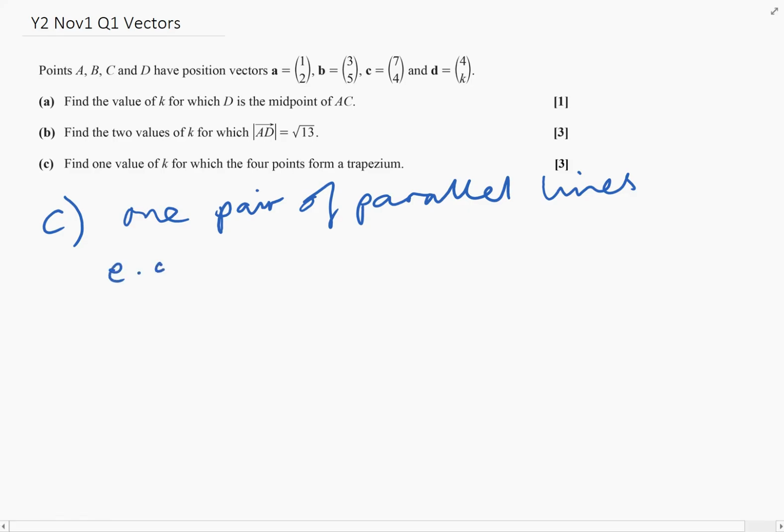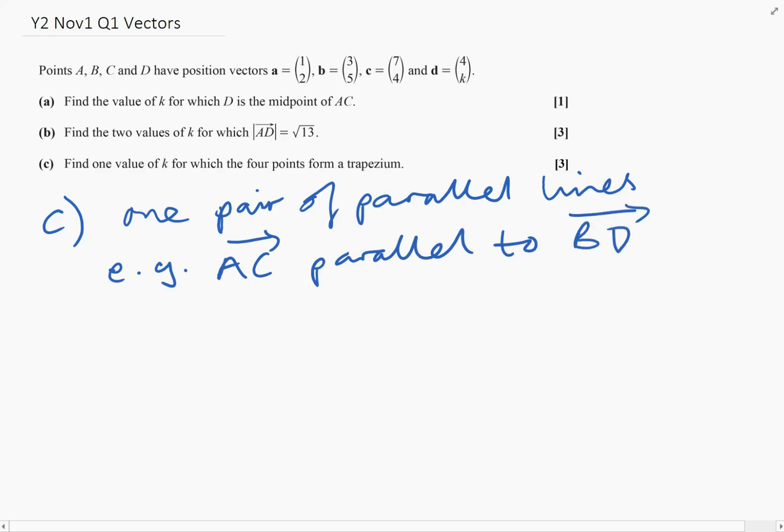There's lots of different answers to this, by the way. So we could have AC is parallel to BD. The vector A to C is going to be (6, 2), just subtracting these two vectors.